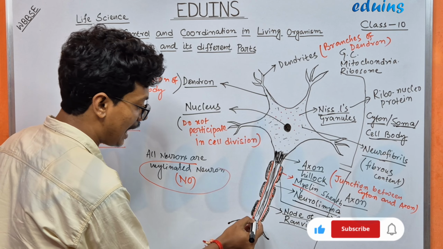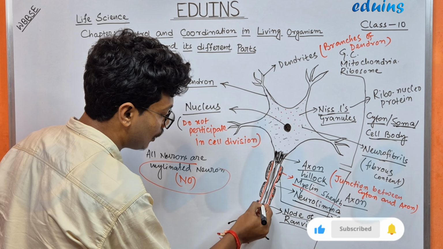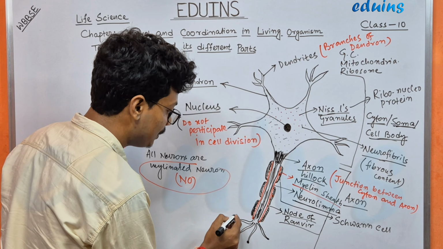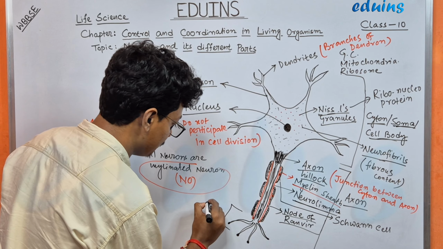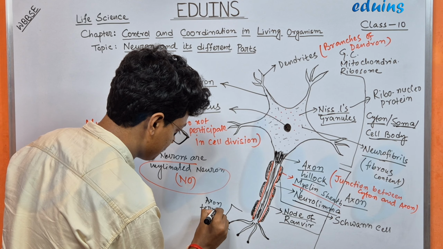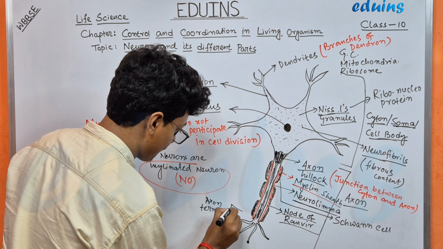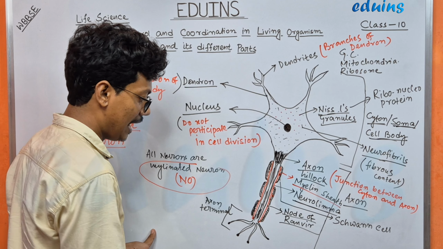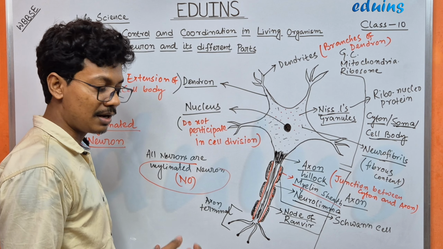After that, the nerve ending, or the ending of a neuron, is branched, and this is known as the axon terminal. It is divided into many branches.